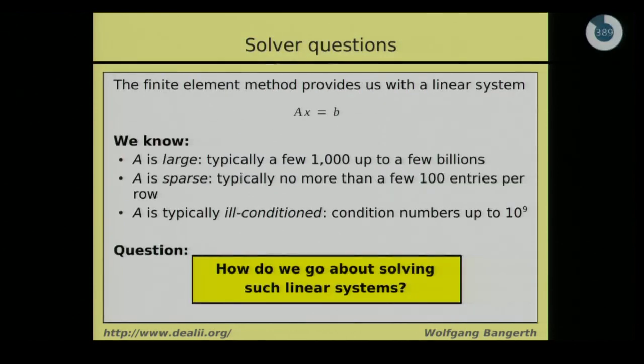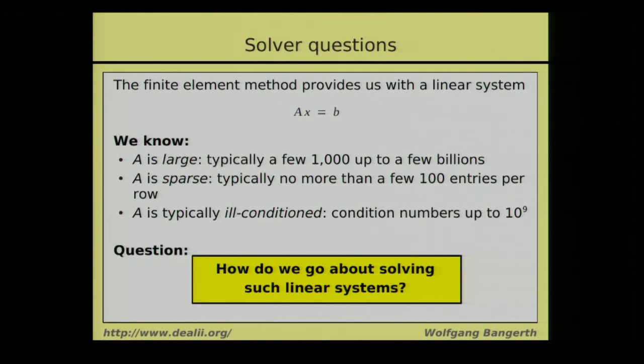So when you apply the finite element method, you come out with a linear system, let's say Ax equals b. And what do we know about these linear systems? Well, typically they're large, right? We want to solve 2D, 3D problems with maybe a few hundreds or a few thousands or maybe a few million cells.